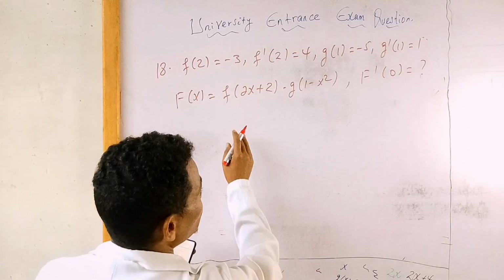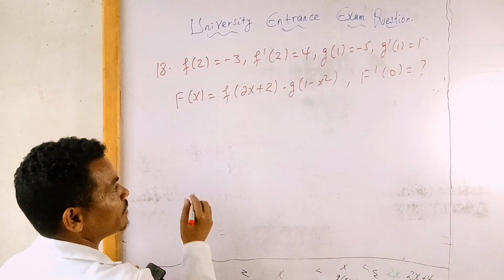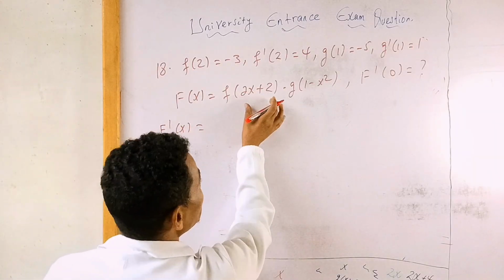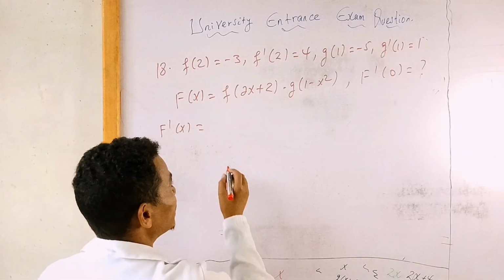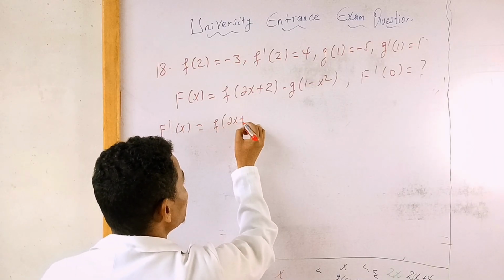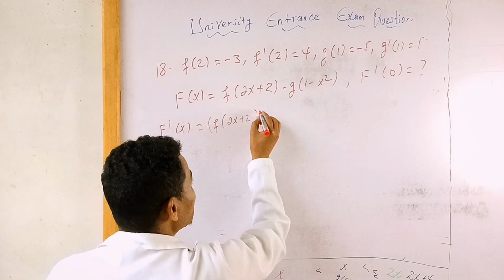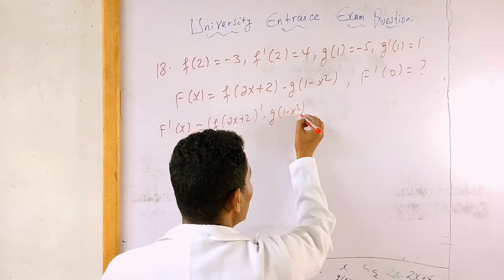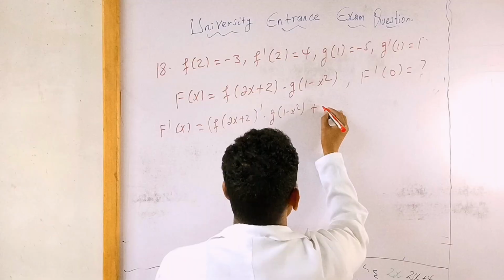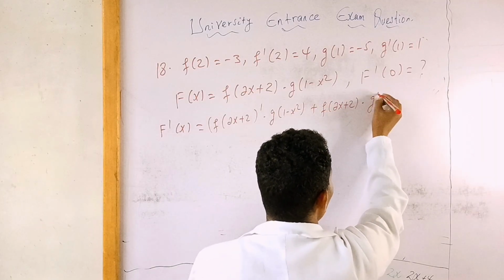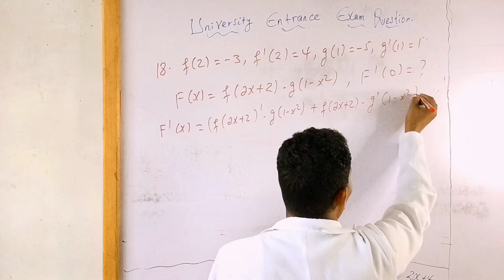So ይህን ለመስራት ምንድነው ቀጥታ derivative with respect to x derivative ማለት ነው። f derivative of x is equal to ይሄኛው በፕሮዳክት ሁለት ላይ ያደርጋል። that is f of 2x plus 2 derivative times g of 1 minus x square plus f of 2x plus 2 times g derivative of 1 minus x square.